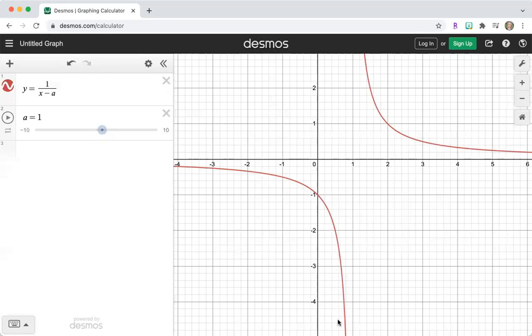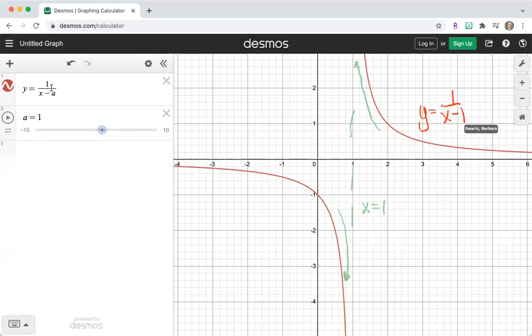Look at this direction. I'll stick in green for the vertical ones. It's going very, very close to, in this case not 0, but this vertical line of x equals 1. And that's not a coincidence. It's because right here, this graph, if we plug in 1 for a, is the equation y equals 1 over x minus 1.